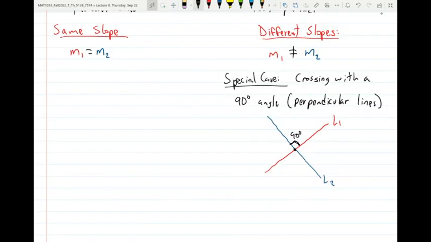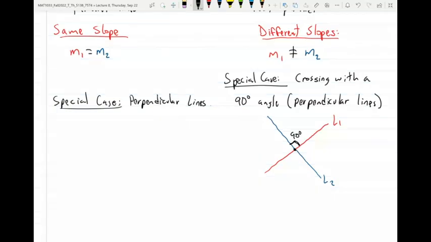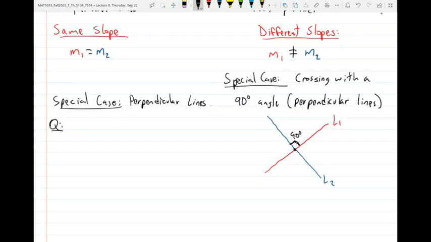So in the special case, the lines are perpendicular. The question that we want to answer is, what can we say about the slopes?